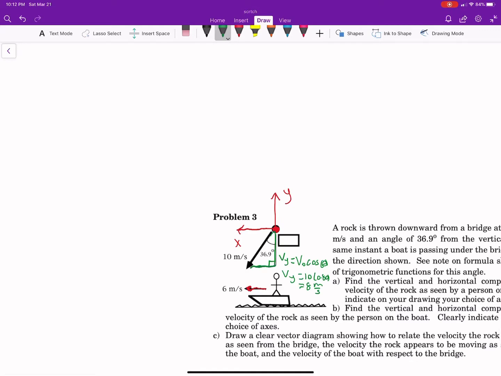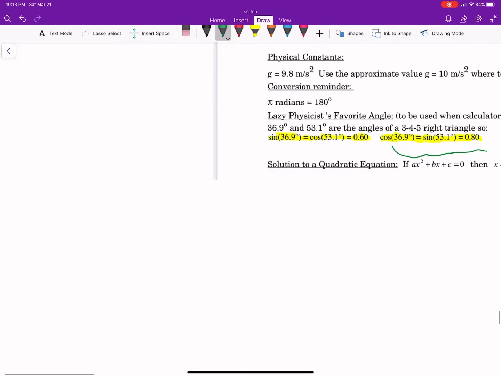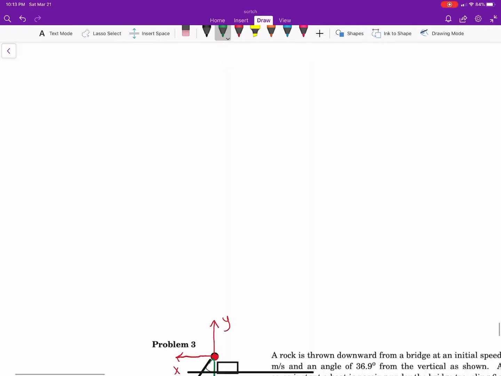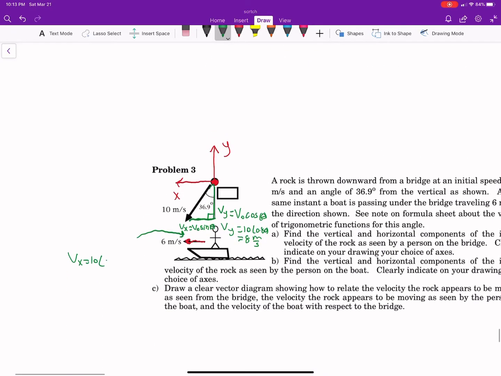Likewise, you could say velocity in the x direction is equal to v naught sine of the angle. I don't have the room to put it, but I'll just move it over here. Velocity in the x direction is 10 times sine of that angle, which is 0.60, or just 6 meters per second.